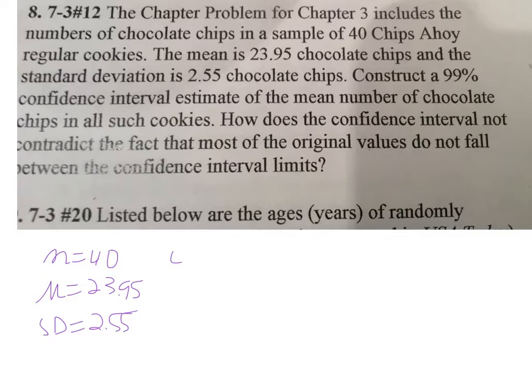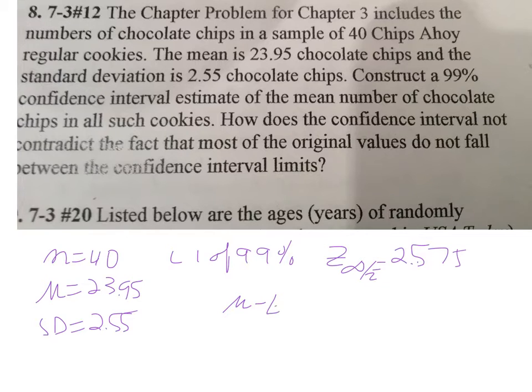For a confidence interval of 99%, your z-score is, hold on, I got them all written down here, 2.575.